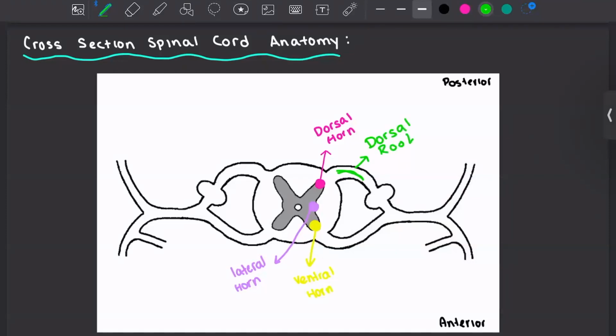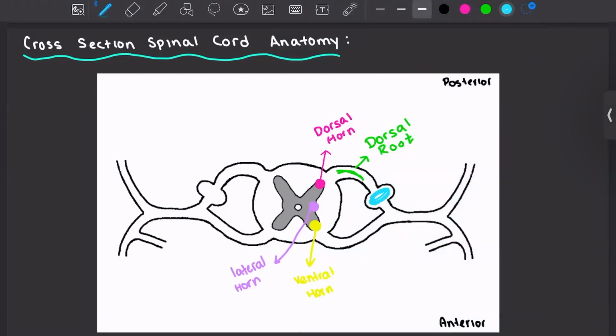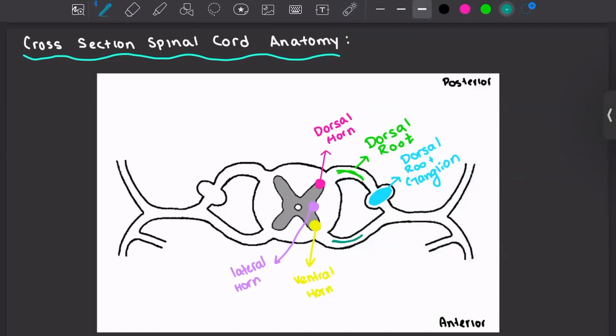If we keep going, this blue area right here, this is going to be known as the dorsal root ganglion. And then the other side here is going to be the ventral root. What color should I do for that? We'll just do this color. So this right here is the ventral root.